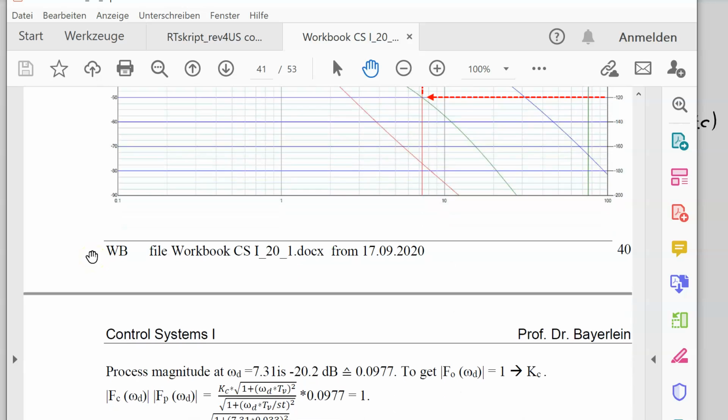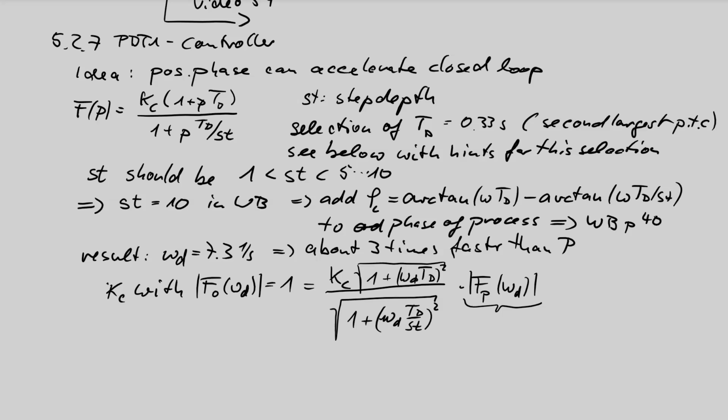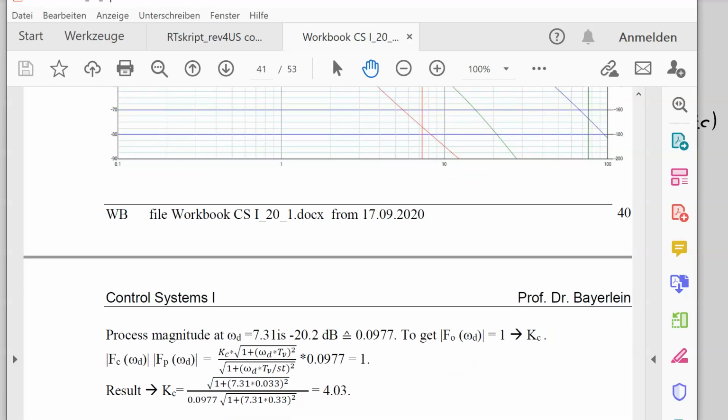My value here in the exact paper with the cursor function in my simulator is 20.2, but in my calculation now I just work with negative 20 dB, which is a very simple value. Negative 20 dB is equivalent to 0.1, and this equation then can be solved for Kc, and finally you get a Kc value, which is, paper value, 4.